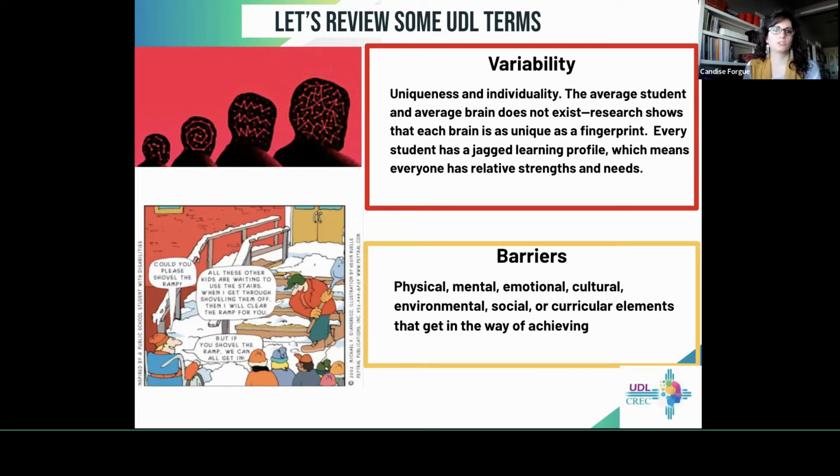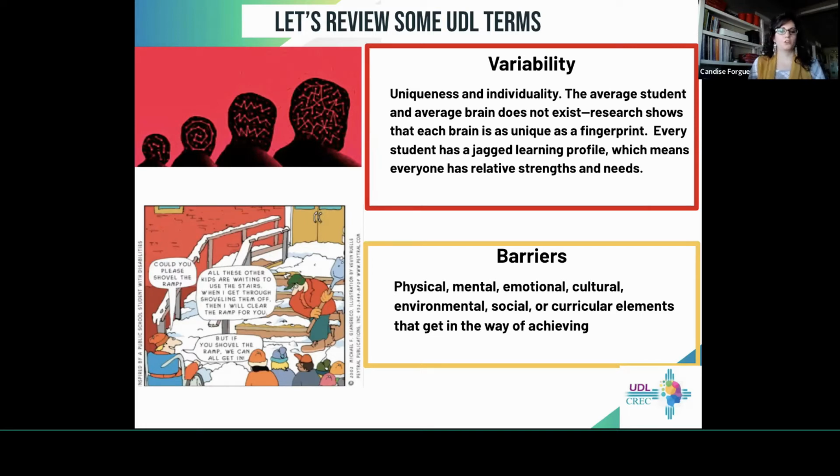And so variability is just that individuality. The picture there shows several different brains and maybe the connections that they have. We talked about this earlier, and how every brain is as unique as a fingerprint. The way we make those connections are all different, and that's what makes us very much individuals, and that variability that we're talking about.